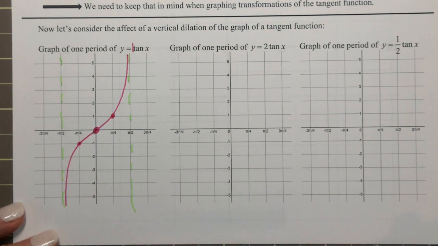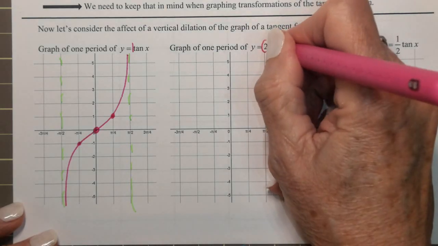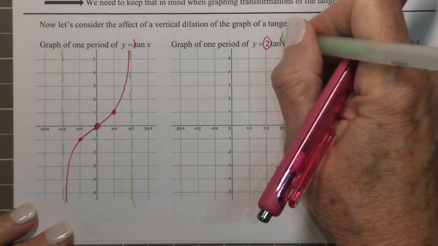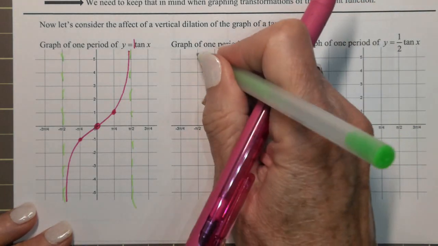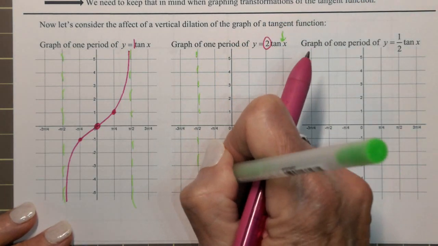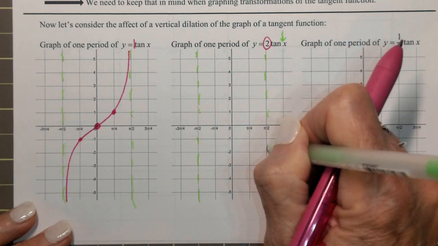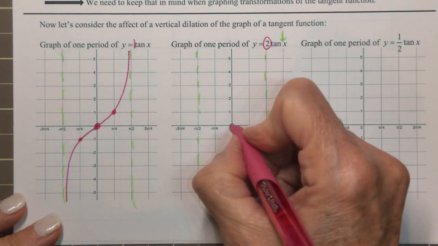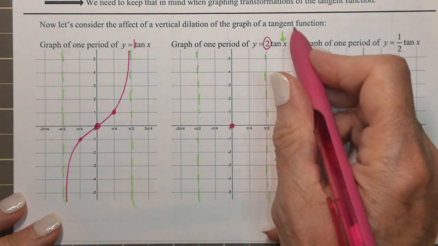So there's tangent. What if there was a 2 here? Well, the period is not changing, so the period is still negative pi over 2 to pi over 2. And tangent is still going through 0 because there's no vertical shift.